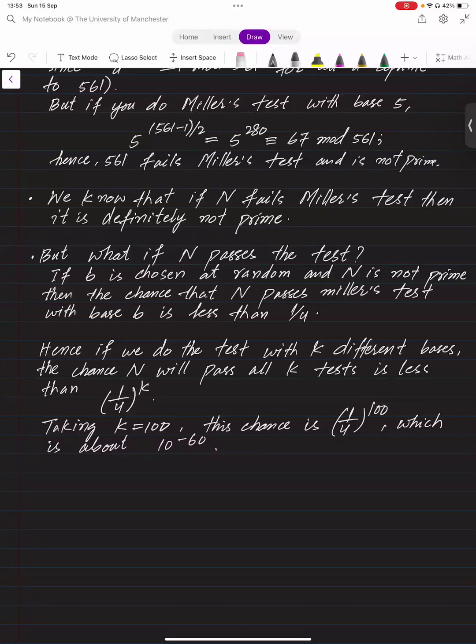To summarize, we now have a powerful probabilistic primality test for a large integer n. Pick at random 100 positive integers less than n and do Miller's test on n with each of these as the base. If n fails any of these, it is not prime.